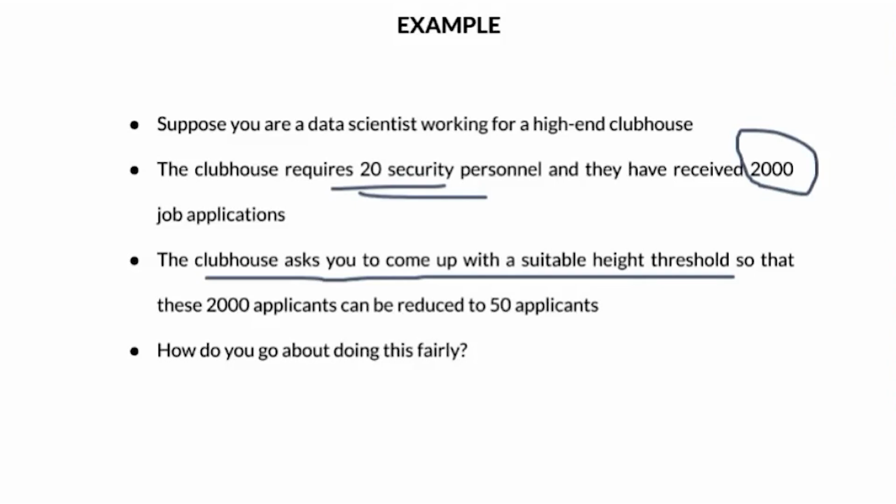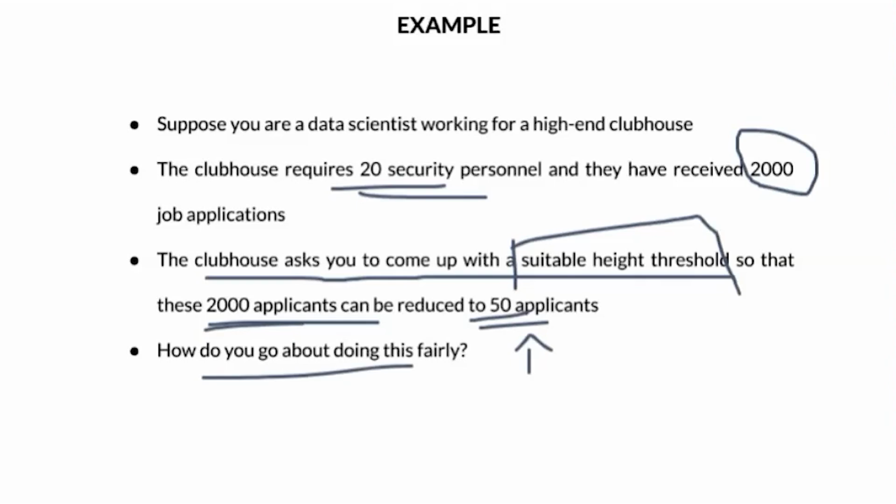In this case, the clubhouse is saying use height as a threshold and come up with a suitable cutoff so that you reduce these 2000 applications to 50 applications, maybe because the clubhouse does not have the time to go through 2000 applications. How do you go about doing this in a very fair way?